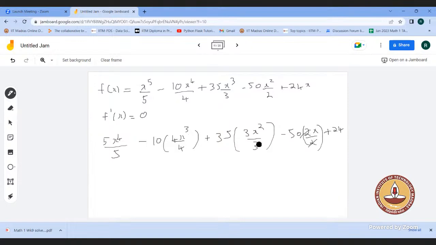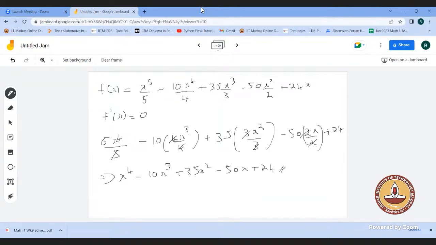So this will get cancelled. So we'll get this equation, right? x power 4 minus 10x cube plus 35x square minus 50x plus 24, right?